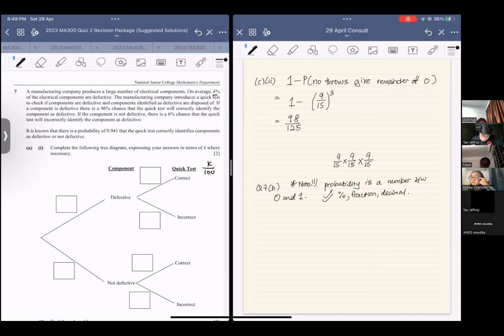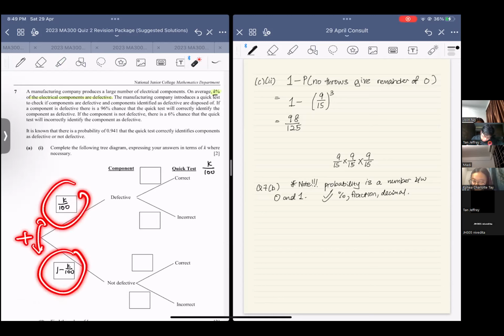So it means there is a K% chance of being defective, which is K over 100. We know that in a branch the probabilities add up to 1, so this will be K over 100, and this will be 1 minus K over 100.